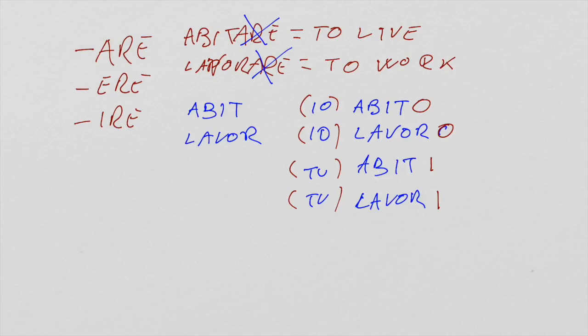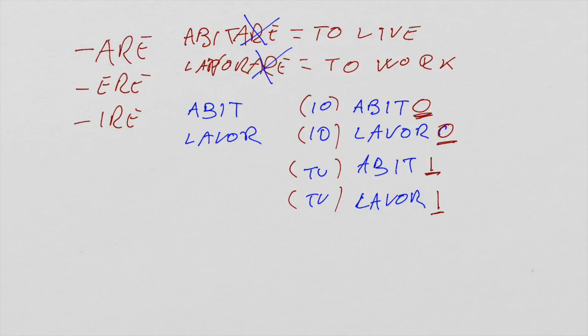In Italian, as you can see, for I have o, and for you, I have i. So even if I remove the io and tu, I understand, because if I say abito, it can be just io. If I say abiti, it can be just tu. That's why we can easily remove the subject.